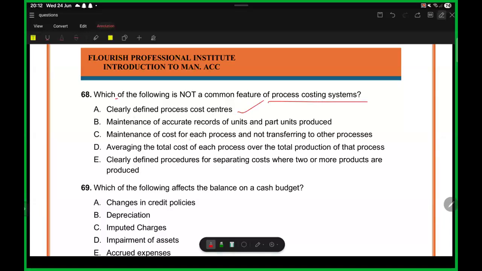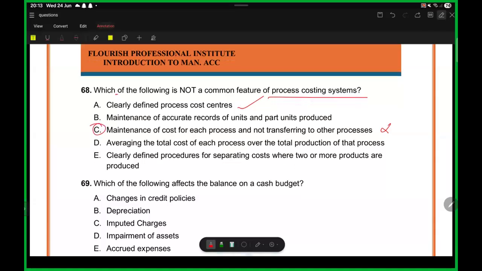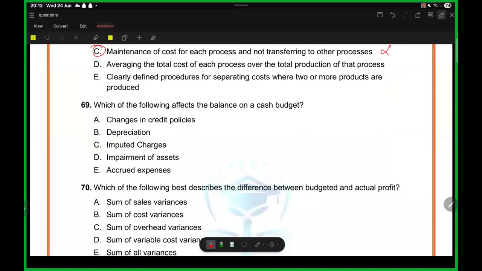Maintenance of cost for each process and not transferring to other processes is not true, because in process costing, when you finish one process, you transfer everything there to the other process. Where you don't transfer, we call it WIP. You work on it and then you transfer it again. Averaging the total cost of each process over the total production of that process is true, and clearly defined procedures for separating costs where two or more products are produced is also true. So the answer here is C. Let's read the 69.